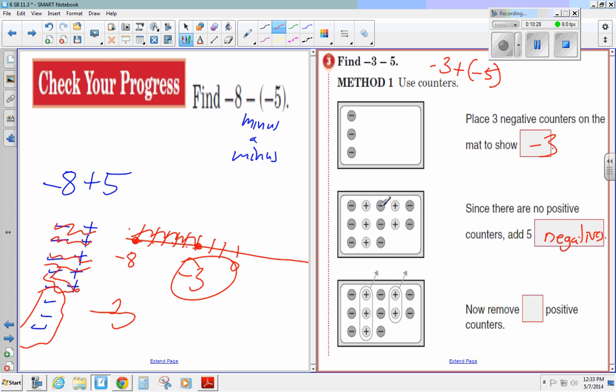You're basically adding another negative, adding a negative, adding a negative. And now, how many total negatives are there now? 1, 2, 3, 4, 5, 6, 7, 8.